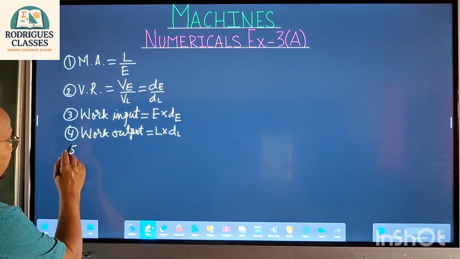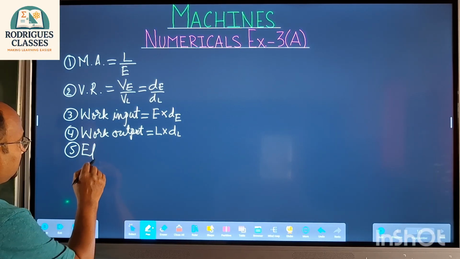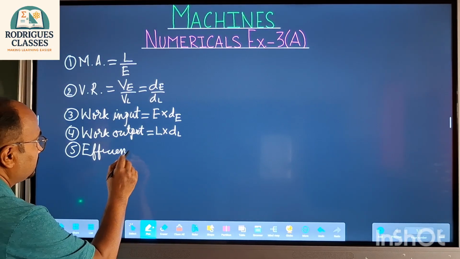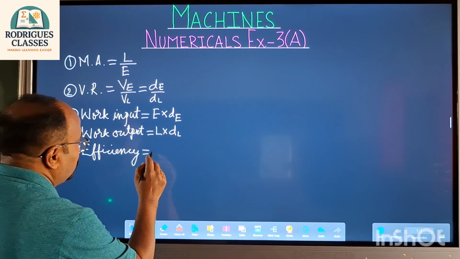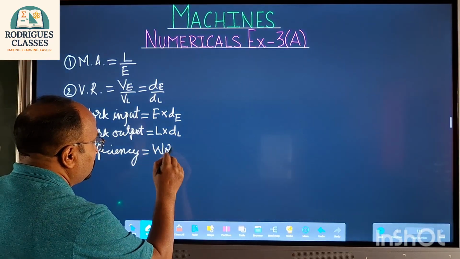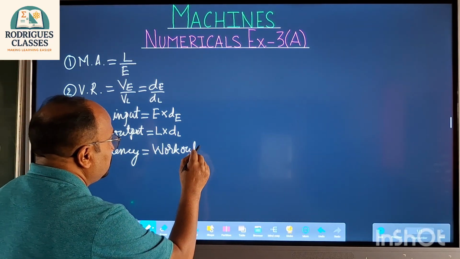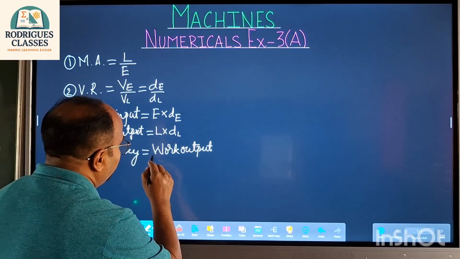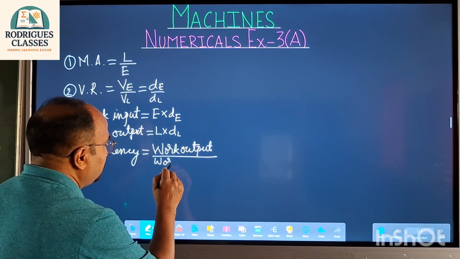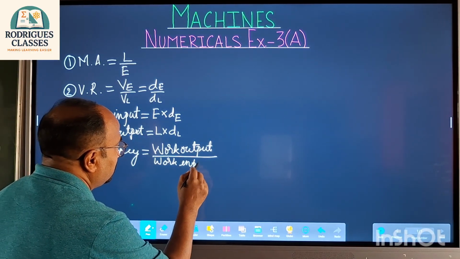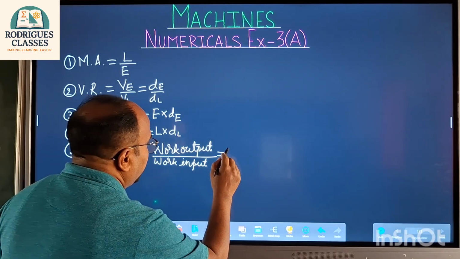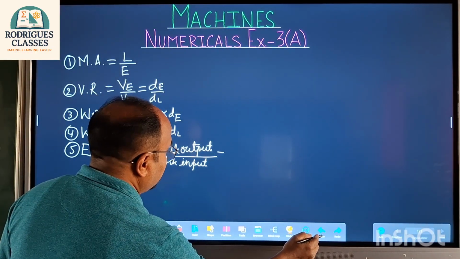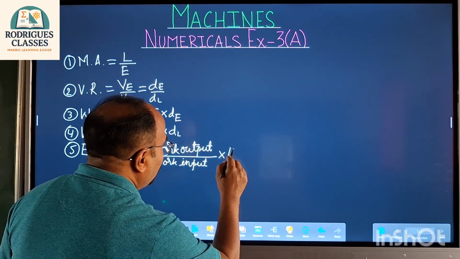So we have efficiency as work output by work input into 100.